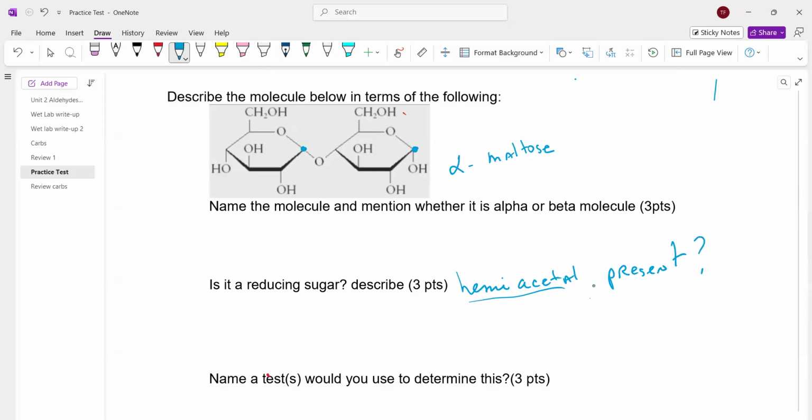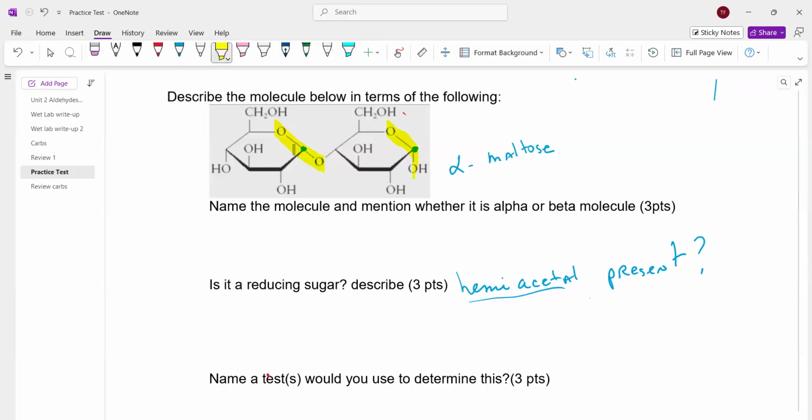Okay, so let's look at the OCOs. We've got one here, and we have one here.